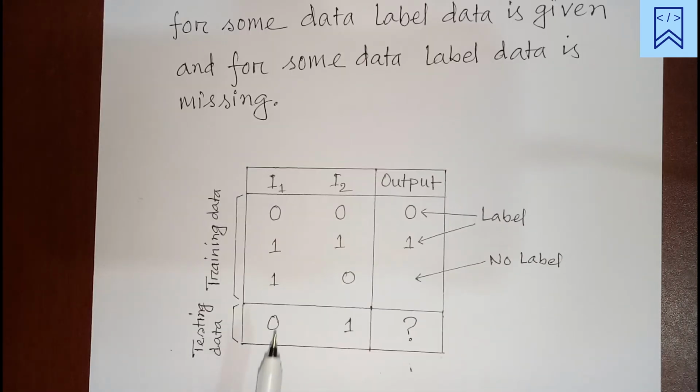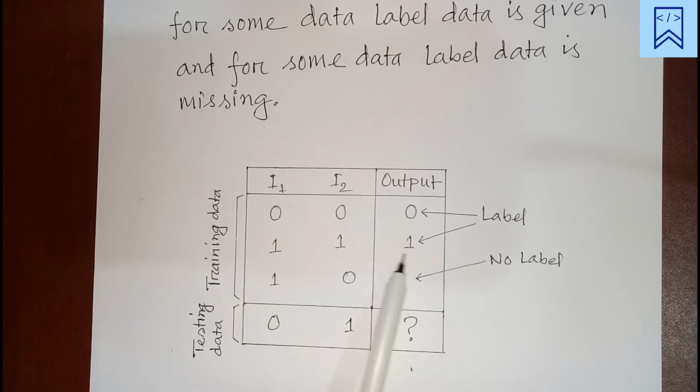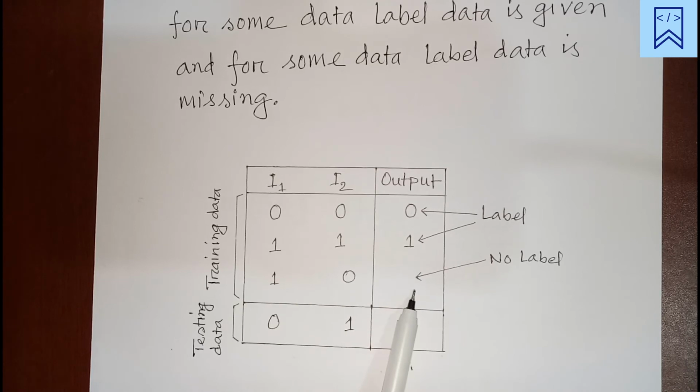Let us look at the data table. These three are training data and this is testing data. Here for input 1 and input 2, output is given. This data also output is given, and for this data there is no label data given. So label data is missing here.